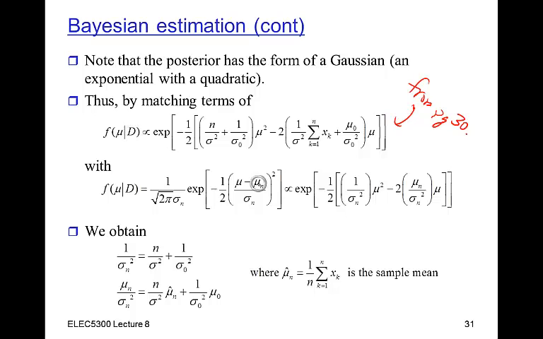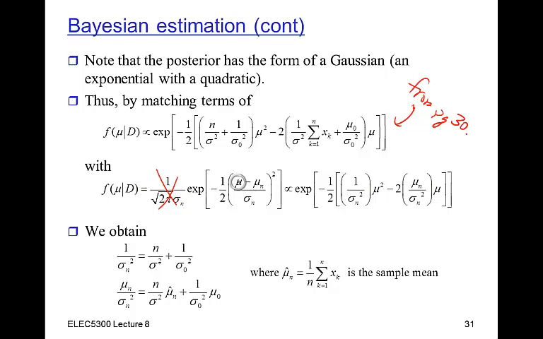So I'm going to take mu n here to be the mean after I've taken into account the data, and sigma n to be the standard deviation after I've taken in the n pieces of data. So now I'm again only interested in the terms that contain mu, so I don't care about this. I'm going to change this exact expression into a proportionality, and expand this one out.